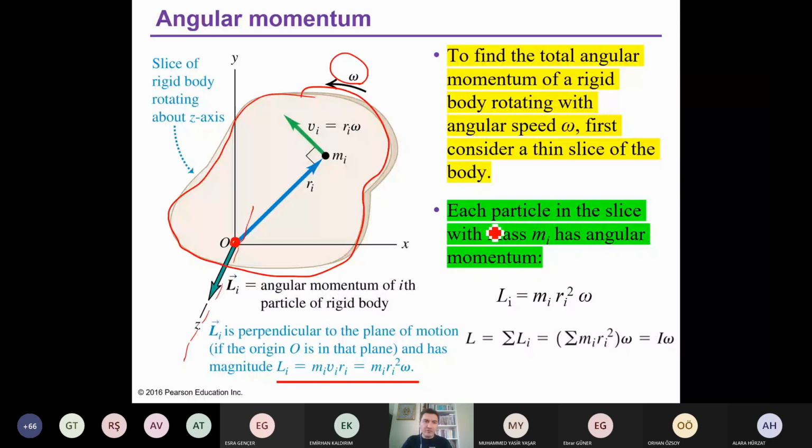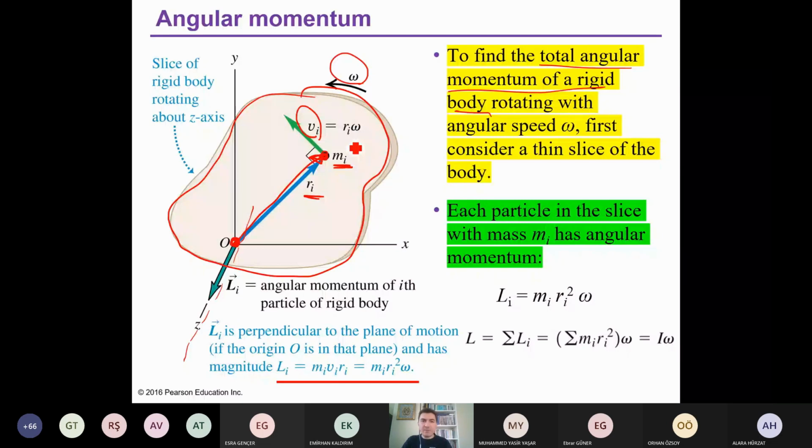Just choose a particle here with mass mi, at distance ri to the rotation axis, and it has tangential velocity vi, which is given by ri times omega. We know this information from the last lecture. So linear velocity has this relation with the angular velocity.